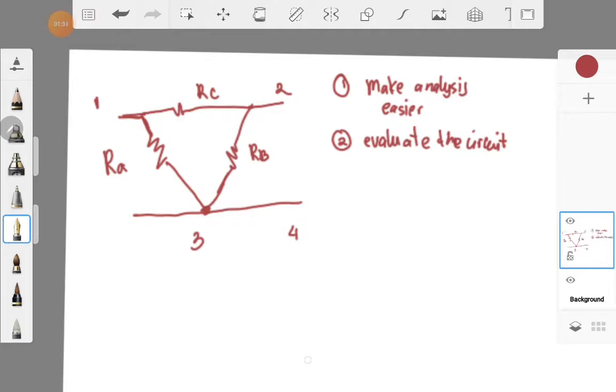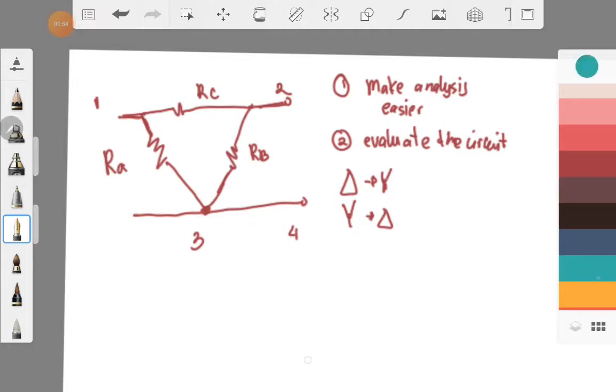Okay. There are circuits that cannot be evaluated readily if you will not transform it into its equivalent delta to y or y to delta connection. Okay, our first topic will be your equivalent of your delta to y connection.